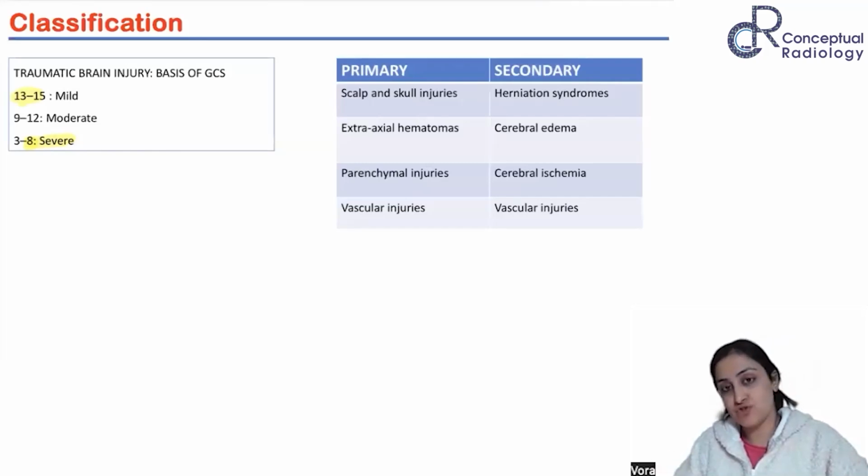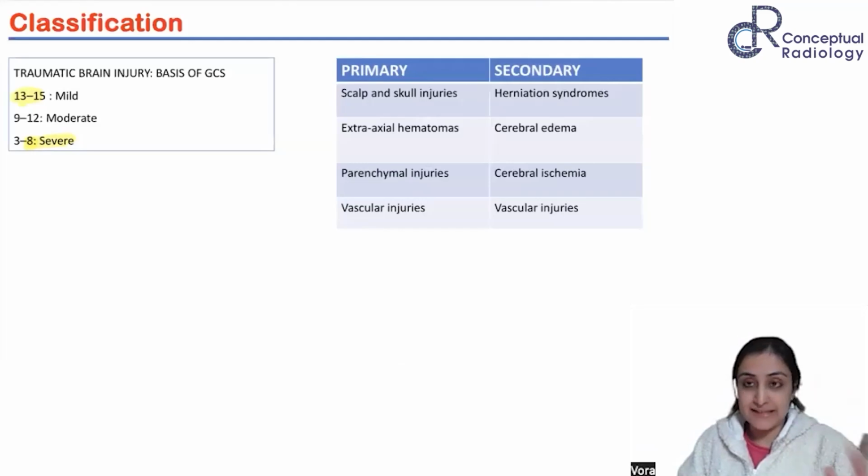Another classification as far as the pathology is concerned is what is a primary brain injury. So what we include here are scalp injuries, skull injuries. So these are because of the result of the impact. That is what is the meaning of a primary brain injury. This happened because of the impact.